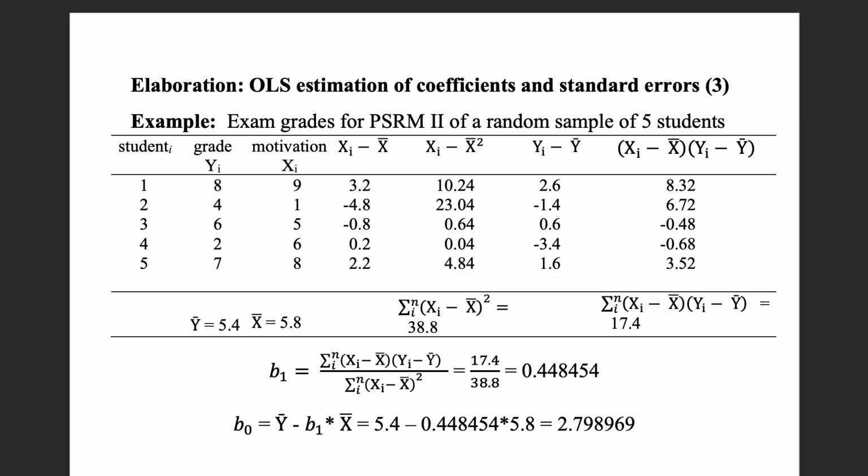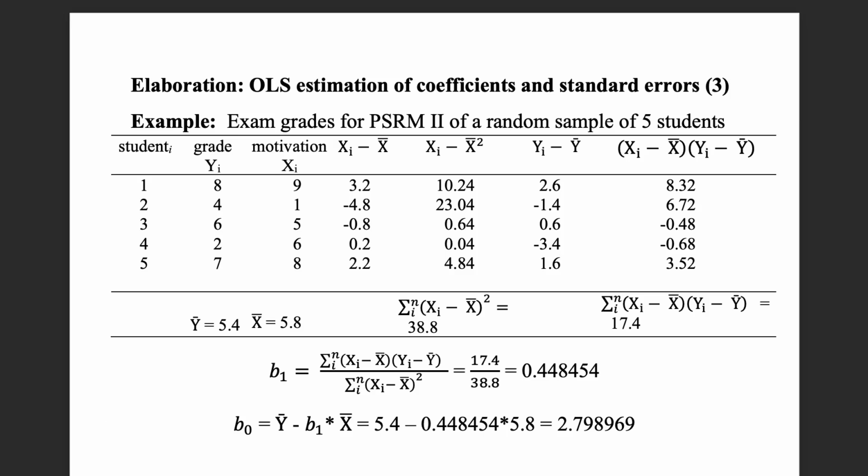But if you want to be sure, and I would definitely recommend you do that, just open SPSS, create a new data set, and then just enter in two variables, grade and motivation, and enter these 5 values accordingly as they are listed here, and then let SPSS estimate the regression model for you.